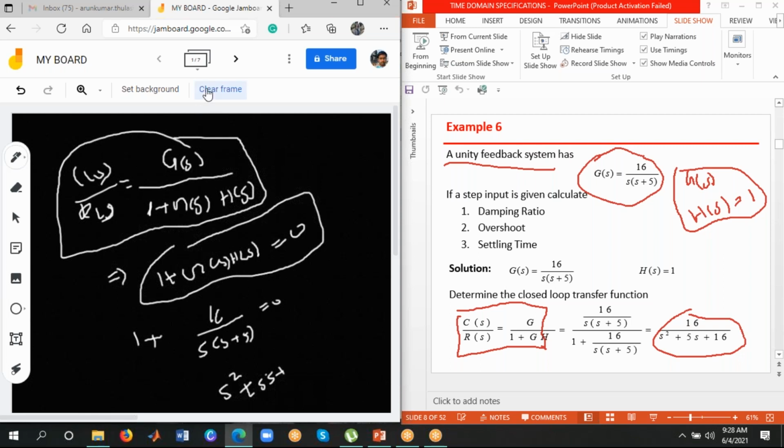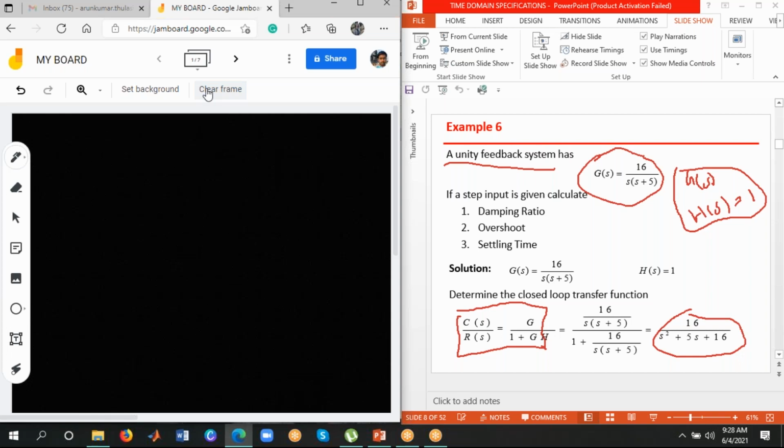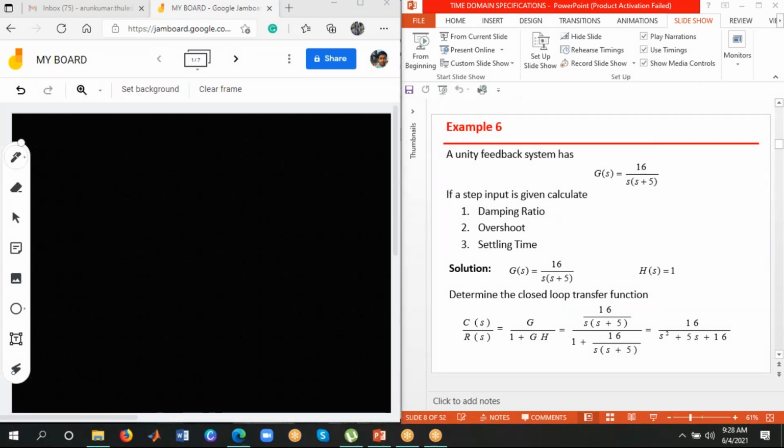Now from this problem, what we are going to find: damping ratio, overshoot and settling time. Let me calculate these values. First of all, I want to know the zeta value and omega n value. s square plus 5s plus 16 equals 0 is the characteristic equation of the given system.